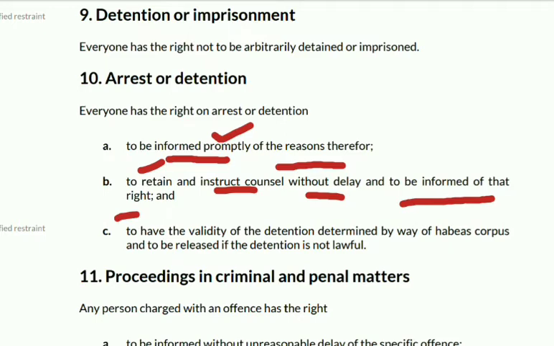They can check whether the person has been detained lawfully by any act or law, or the detention is illegal, and if it is found illegal, the courts ensure the release of the person detained.